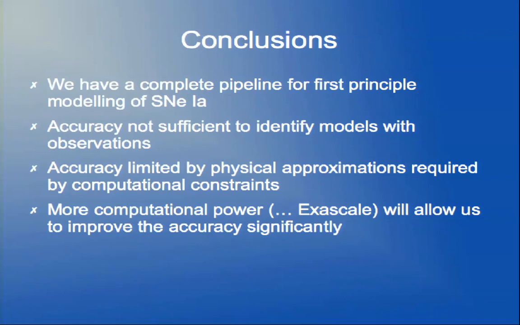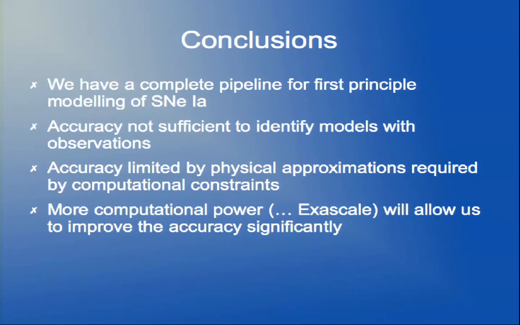Okay, to my conclusions. We basically have a complete pipeline to model Type Ias from the progenitor model through ignition, explosion, and so on to then obtain synthetic observables. Unfortunately, the accuracy is at the moment not sufficient to really identify individual models with individual explosions, or generally with a subclass of explosions.